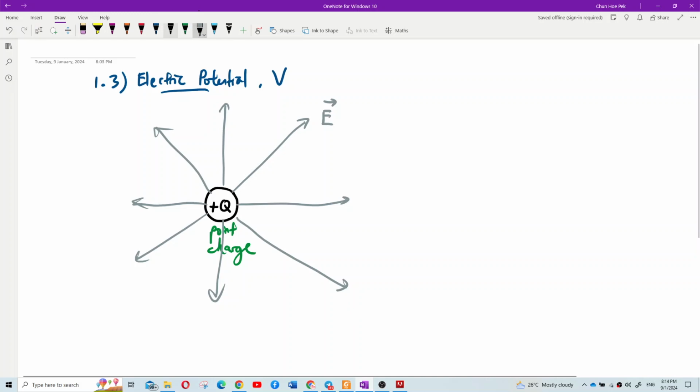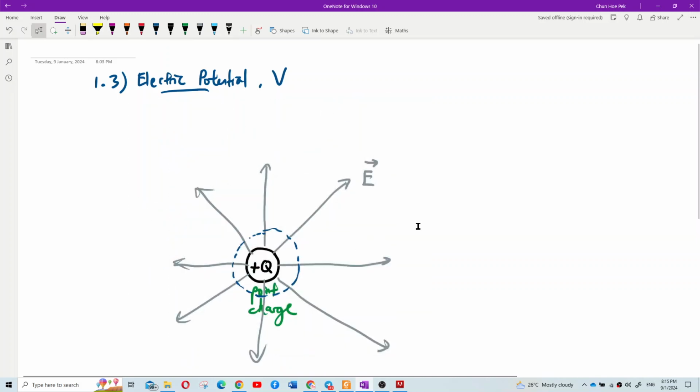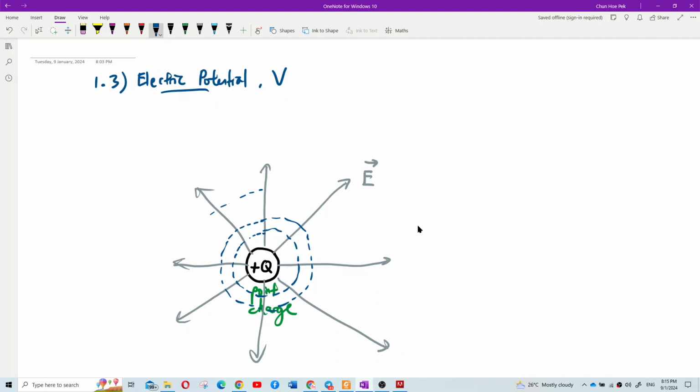So you have equipotential lines, so let's draw it. Like that. At first, the lines are nearer to each other. But when going further away, they get further apart.